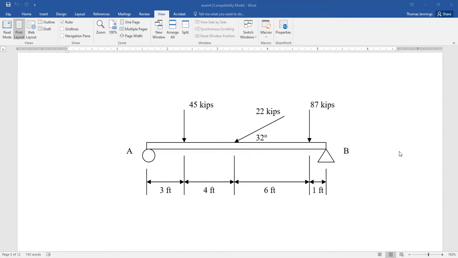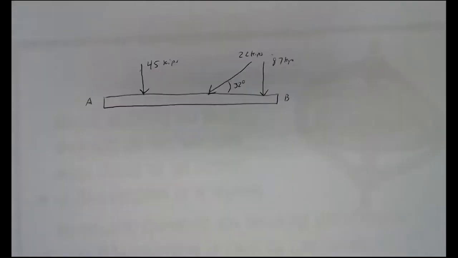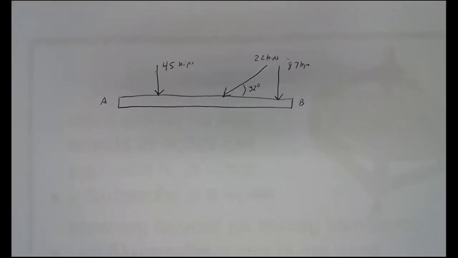So I'll copy this over here, and then I'll switch over to the camera. 87 kips, B and A, and I'll copy the geometry as we need it. Looks like 10, 13, 14 feet. So there's the free body diagram minus the geometry.